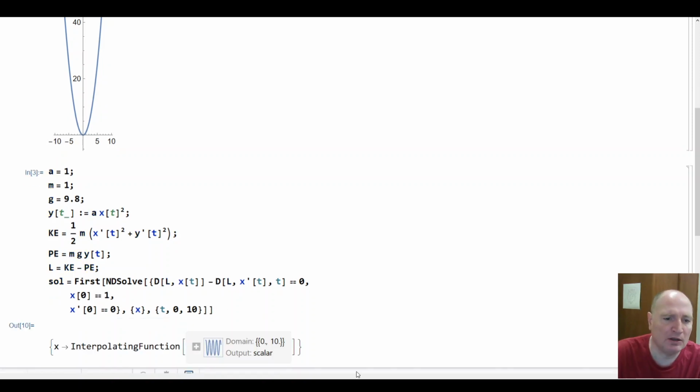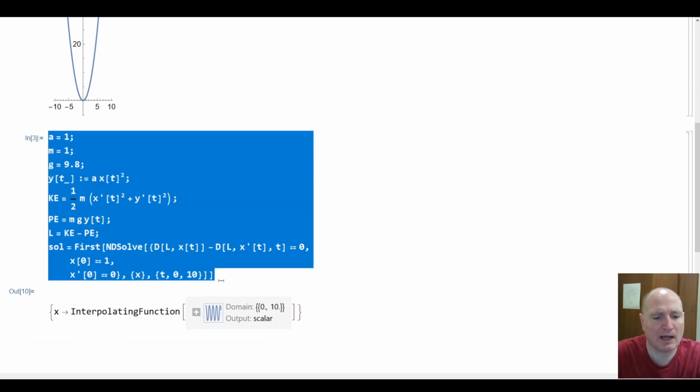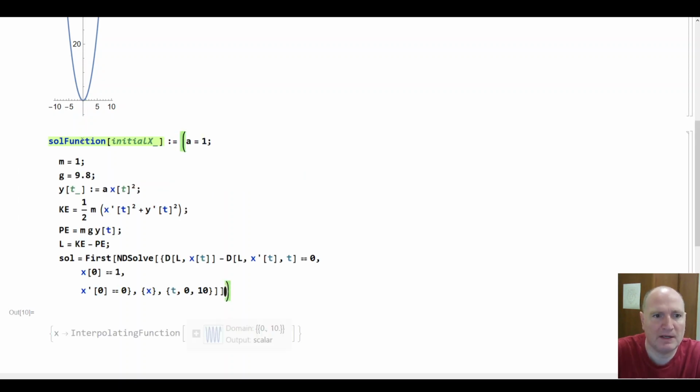Okay, so it looks kind of nice and sinusoidal here. It's my argument that it's not. So what I'm going to do is copy this, cut it out, and say sol function, which is a function of initial x colon equals, and paste it all in here.